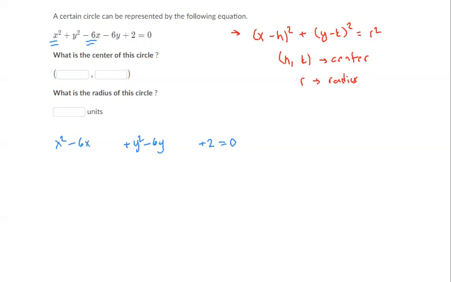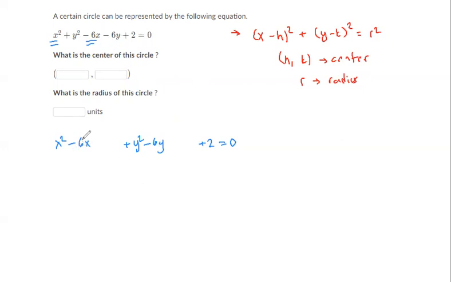The reason I'm leaving some space is because I want to complete the square. I have an x squared term, and I'd like to get only one x term, something like that. If you remember how to use completing the square, you really need to review it before you try this one, because this is a good application of it as well.